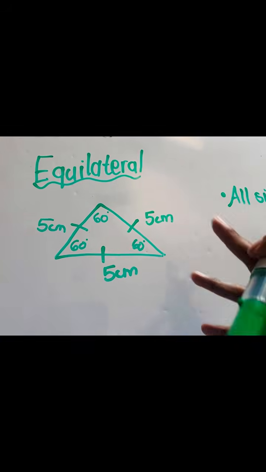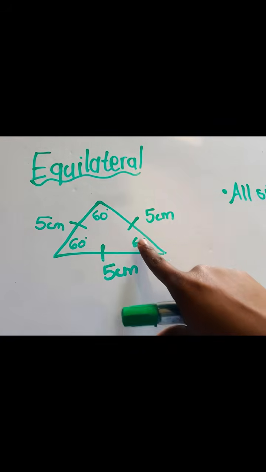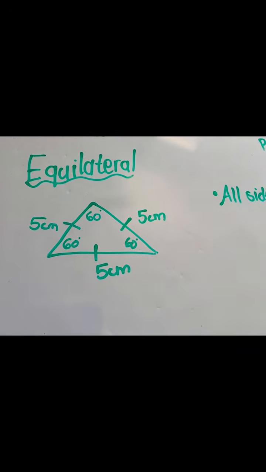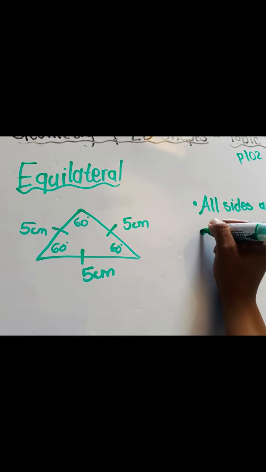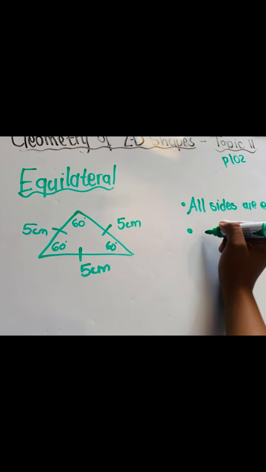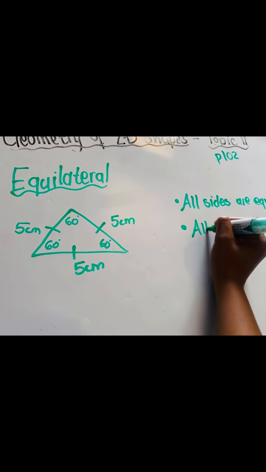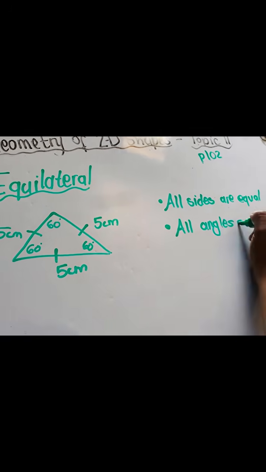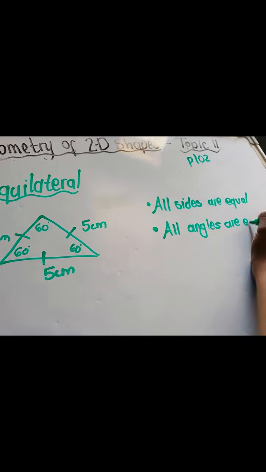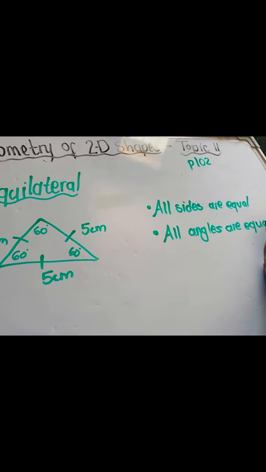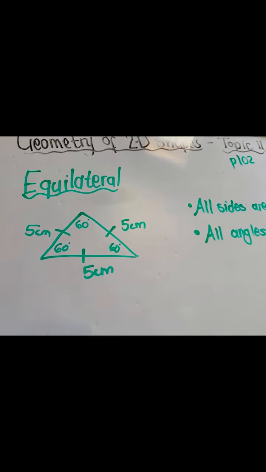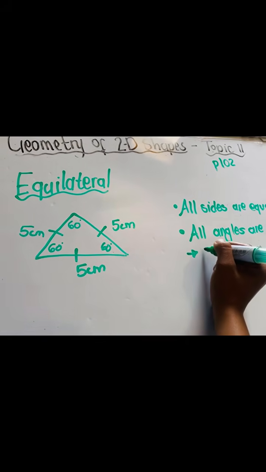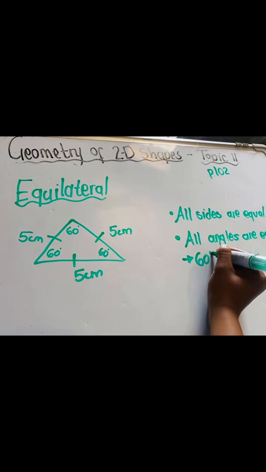It's always going to be 60, 60, 60, because the angles inside of a triangle, when we add them, must give us 180. So another property of an equilateral triangle is that all angles are equal. So we spoke about the sides, that all sides are equal, and also all angles are equal, and their angles are equal to 60 degrees.